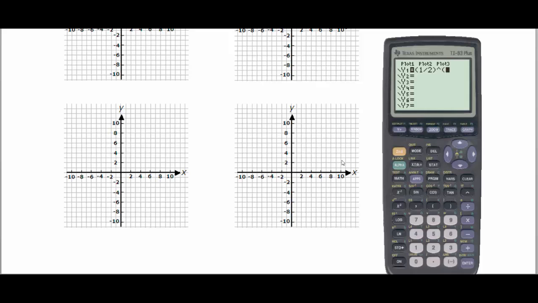So here we have our x -1, and you'll note that I had to put the x -1 in parentheses because I want that x -1 to be recognized as the exponent in the corner of the calculator. So if I hit graph, you'll note that it's the same swoop, except it was moved 1 to the right, even though it was x -1.